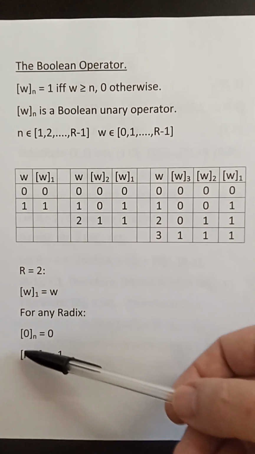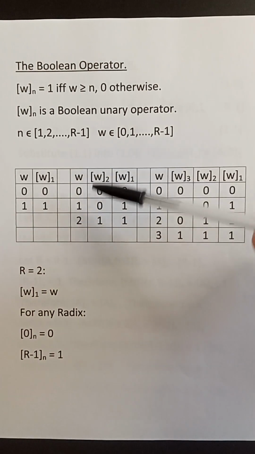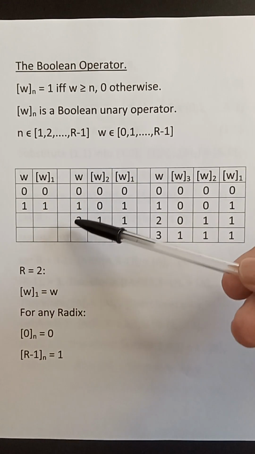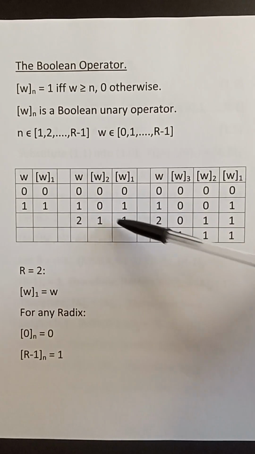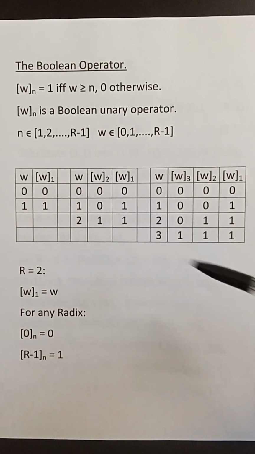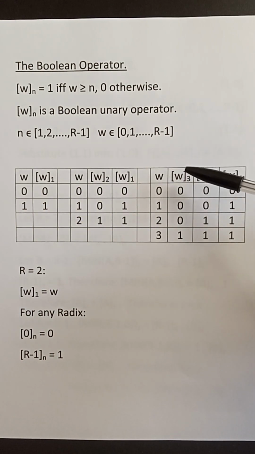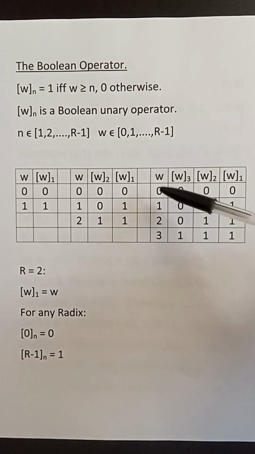Here for ternary, r equals 3, r minus 1 is 2, so that's a 1 in all cases. This 0 here is a 0 in all cases, and for r equals 4 quaternary, r minus 1 here is 3, so that's a 1 in every case, and here 0 is a 0 in every case. n equals 1, 2 and 3. Okay.